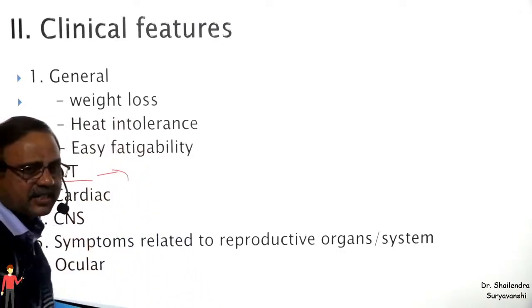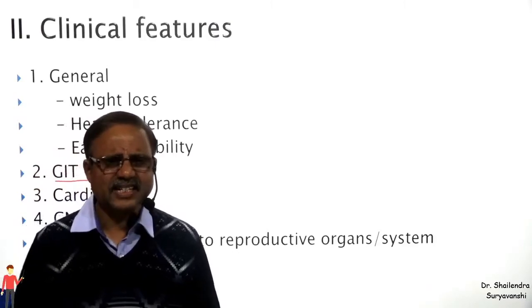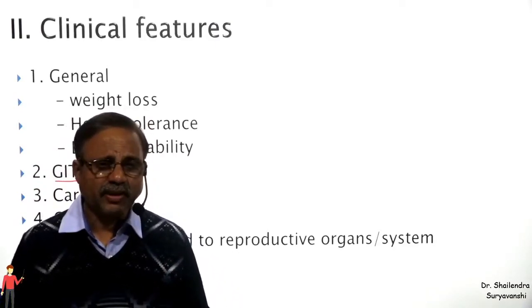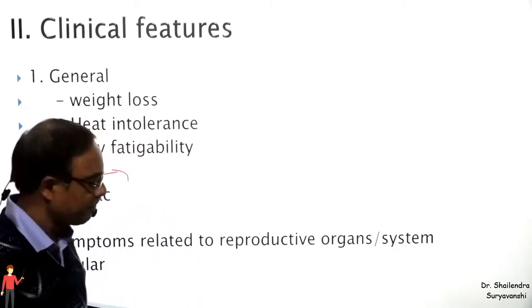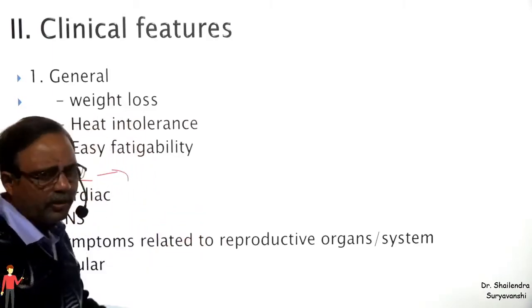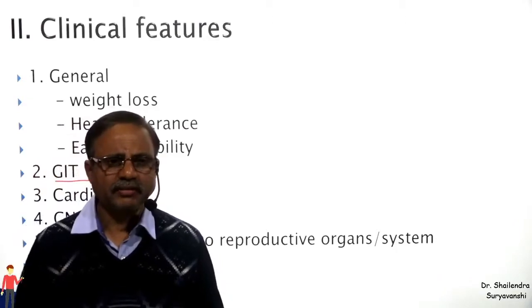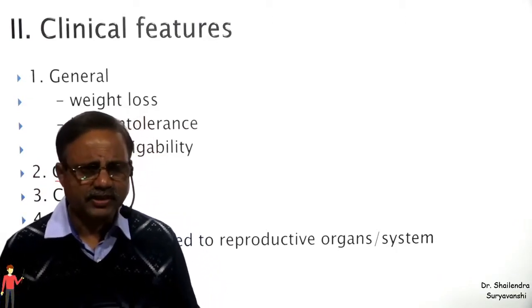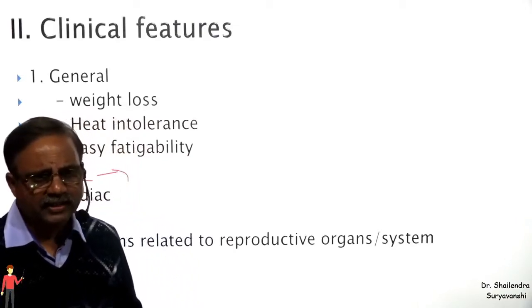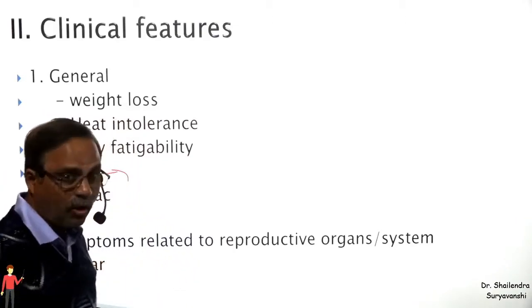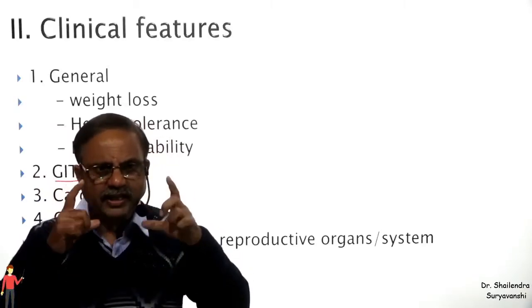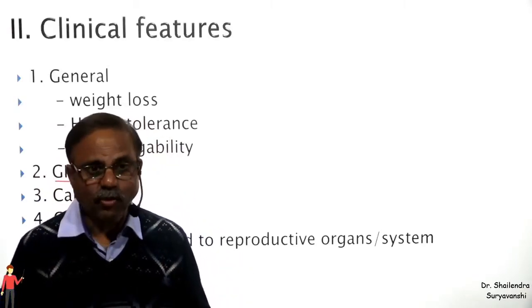Then CNS: the patient will appear restless, will have inability to sleep, and sometimes will develop manic-like symptoms. Then there are symptoms related to the reproductive organs. A girl may have infertility and menstrual disturbance. An adult man may have impotency. Then ocular: the eyes come forward and the lids retract, giving a grave look.